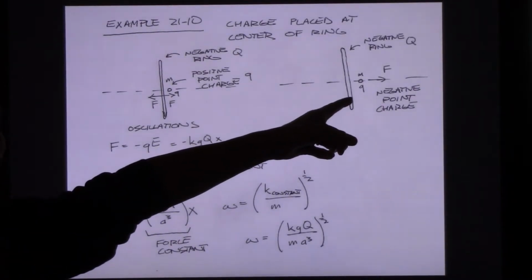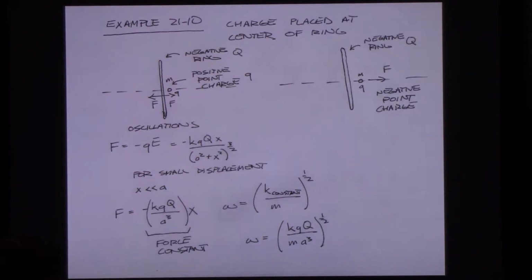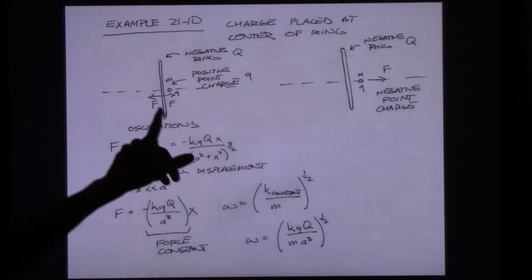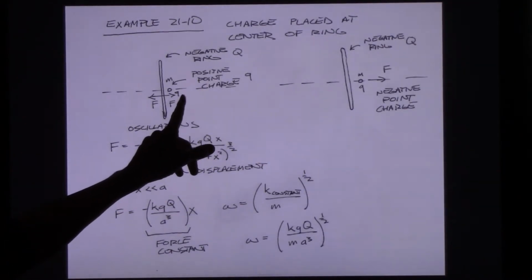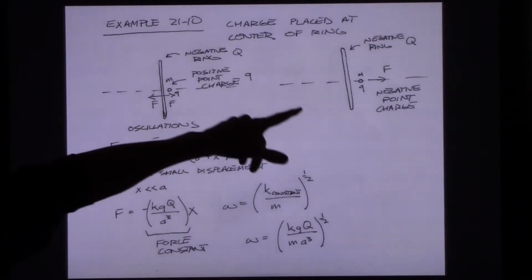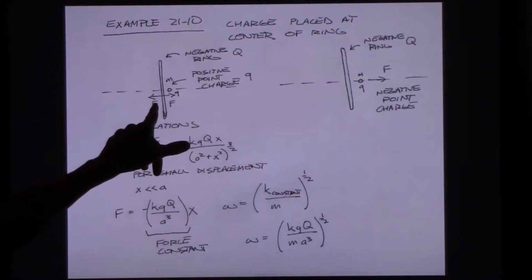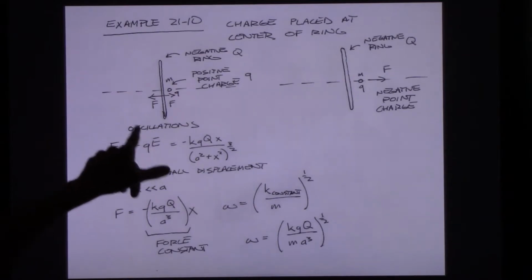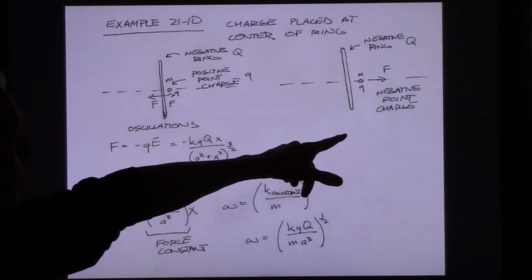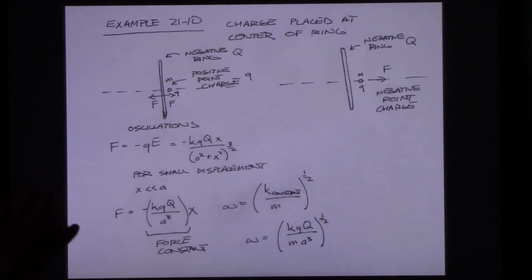Then there's not a restoring force. There's a repulsive force that pushes the objects away from each other. So at the center would be an equilibrium point for both positive and negative charges. This would be stable and produce the oscillations. This would be unstable and would result in the object being pushed away.